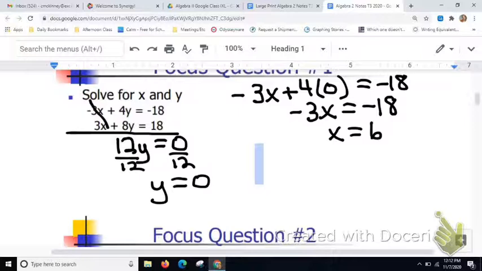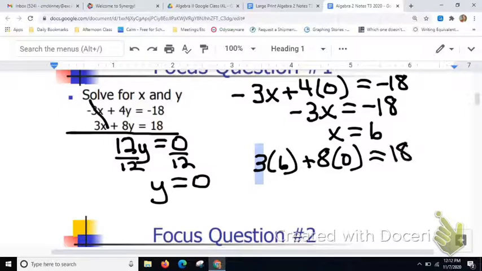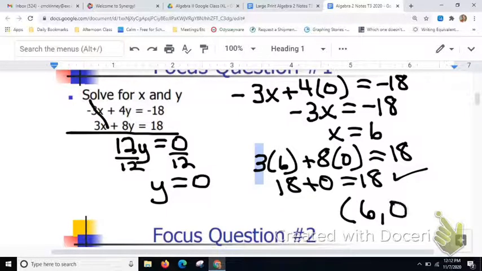Let's double check by putting both variables' values into the second equation. So 3 times 6 plus 8 times 0 should equal 18. That's 18 plus 0. It does equal 18. Check, check. So my solution is 6, 0.